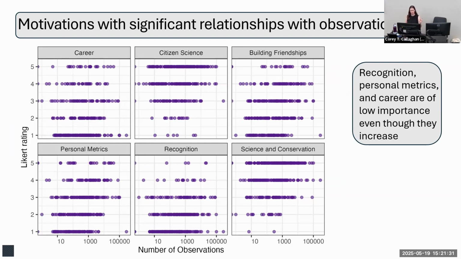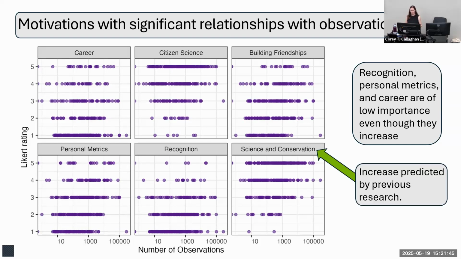And what we're seeing here is that there were 6 that had significant relationships. But again, it's important to note that recognition, personal metrics, and career remained of low importance, even though they grew. And then science and conservation once again grows, and that increase is predicted by previous research.